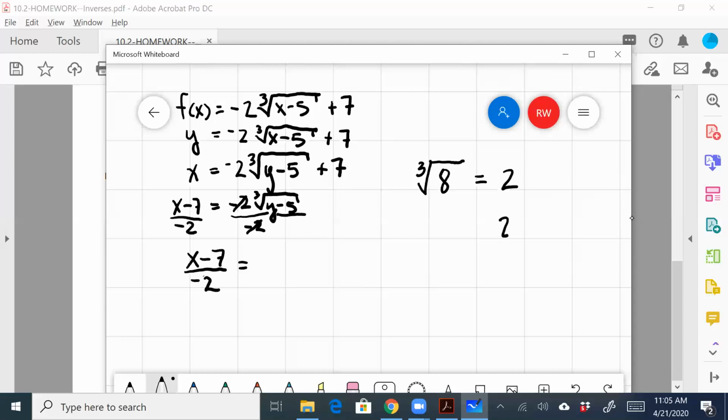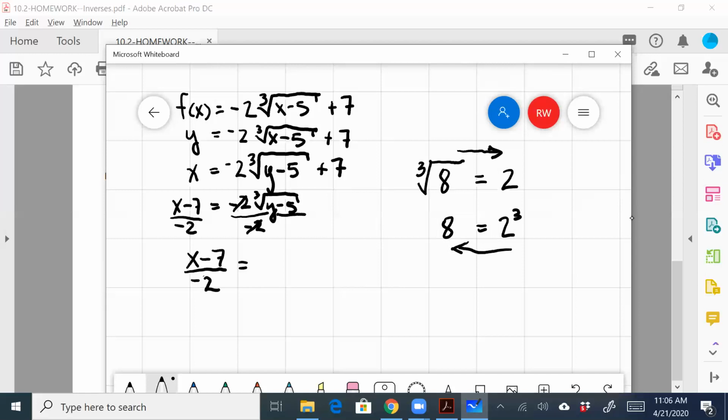So the cube root of 8 is 2, and 2 cubed is 8, because of the same idea. These are opposite operations of each other. The opposite of cube root is cube.